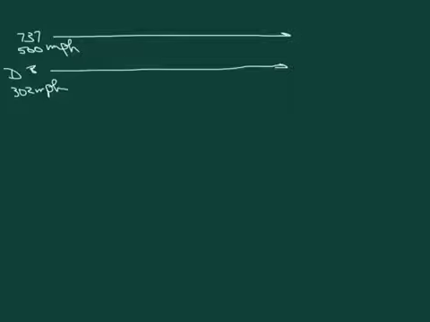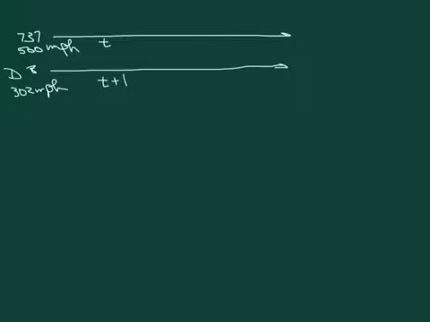We don't know the time, but we do know that the Dash 8 left at a certain time, let's call it t, and the 737 left at a certain time. We can't call them both t though because the Dash 8 left an hour earlier. So it's been in the air an hour longer when the 737 takes off.